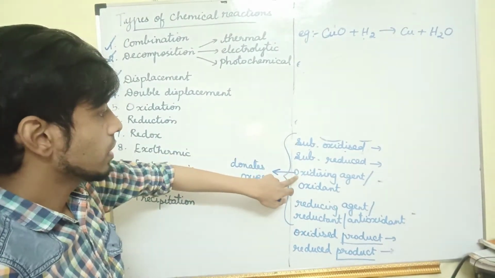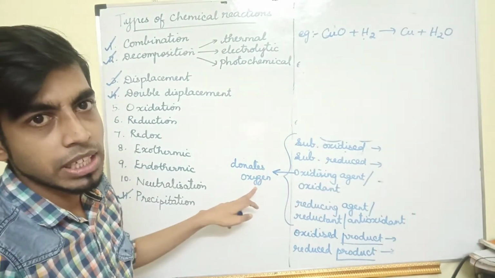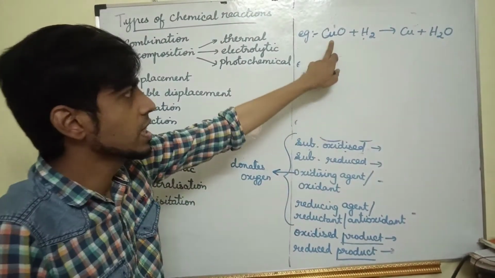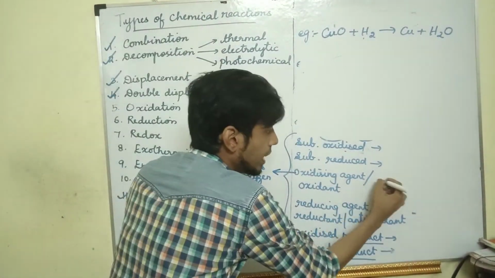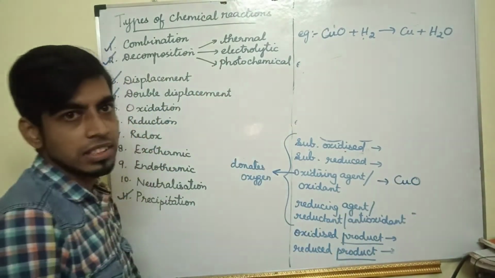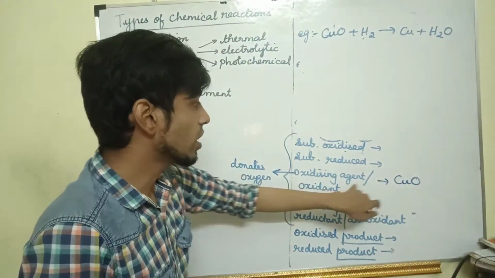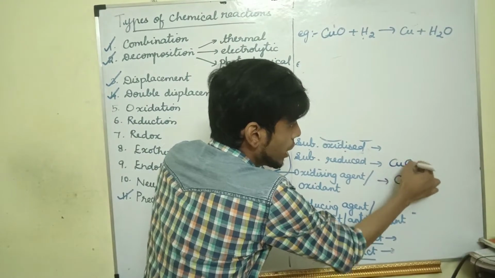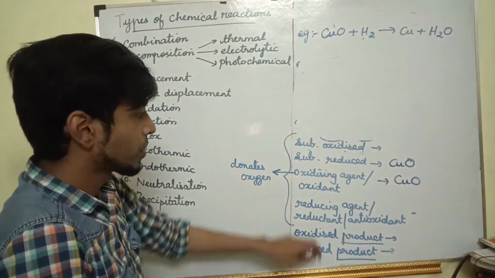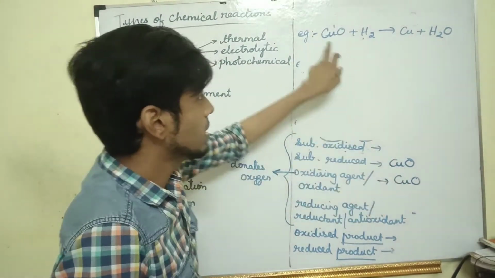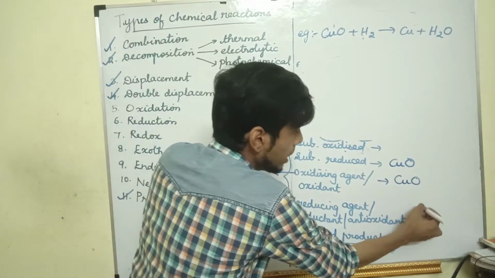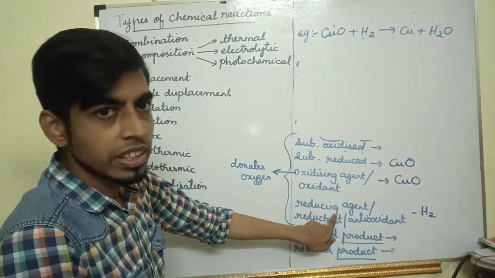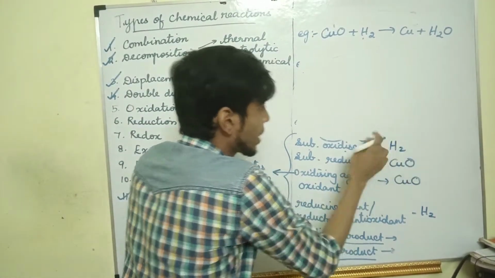Oxidizing agent means a substance that donates oxygen. Which substance has oxygen here? CuO, so that only can donate oxygen. So that will be my oxidizing agent. Oxidizing agent and substance reduced will be the same answer, so substance reduced also will be CuO. Now if the oxidizing agent is CuO, then my reducing agent will be H2. Substance oxidized and reducing agent will be the same, so this also will be H2.